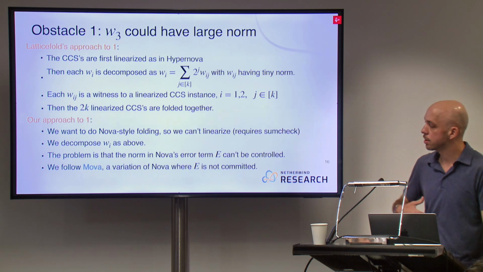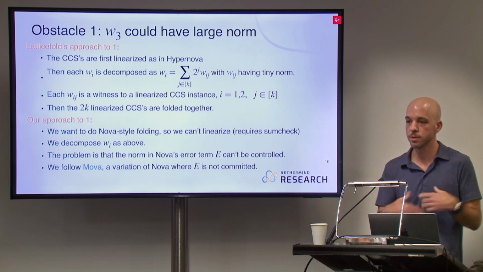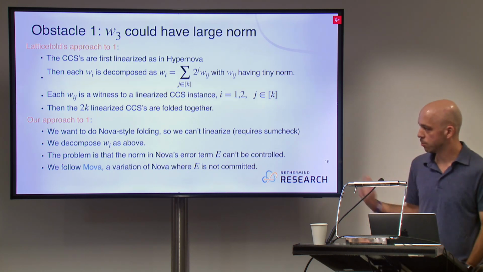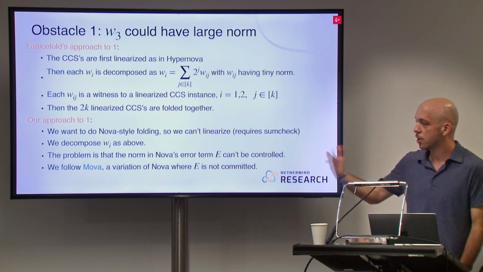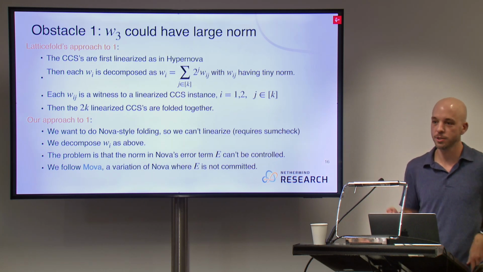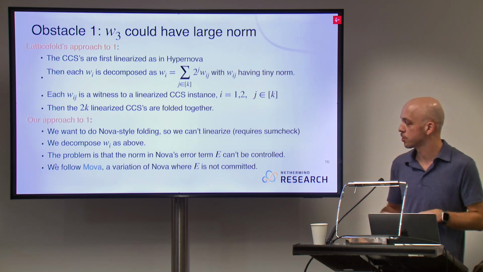And this summer, we put out a paper called Mova, where we just explained this trick, but in a normal setting with elliptic curves. Later on, we realized that Mova is kind of a particular case of a variation of ProtoGalaxy. So here we could also say we follow a variation of ProtoGalaxy.